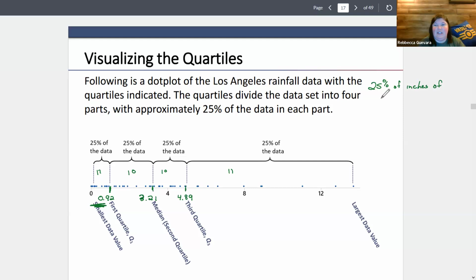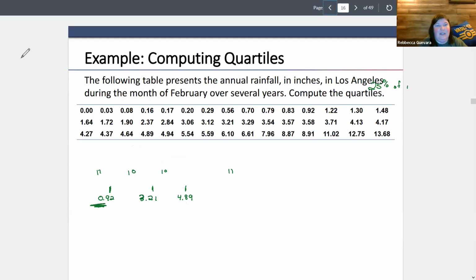The following data is Los Angeles rainfall data, and I think it's all for the month of February. Let me go back a second. Yes, during the month of February.